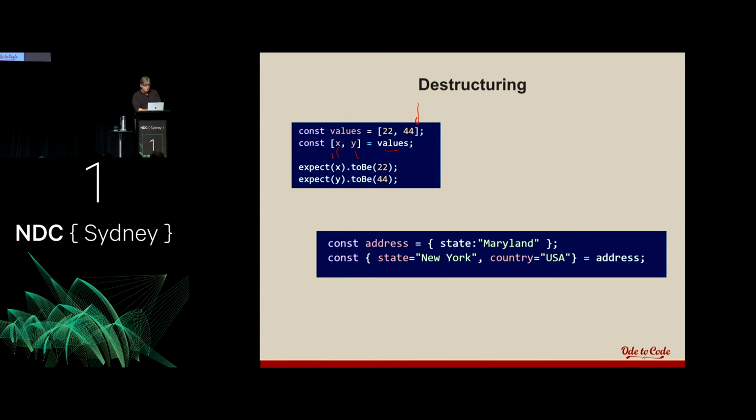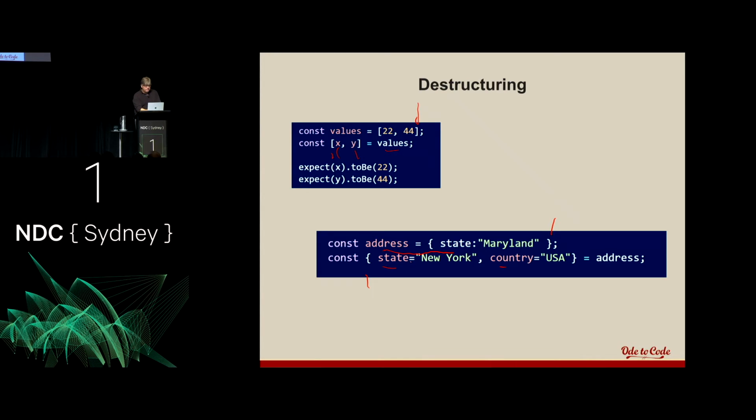So here's an example where I have an object, and so there's array destructuring and there's object destructuring. Object literals are when you have curly brackets on the right-hand side of an expression. Object destructuring is when you have the curly brackets on the left-hand side of an assignment. So this is actually creating two new variables, state and country.